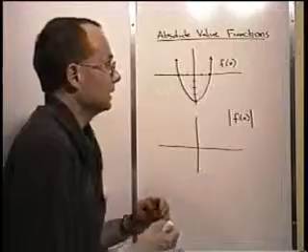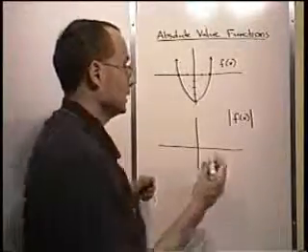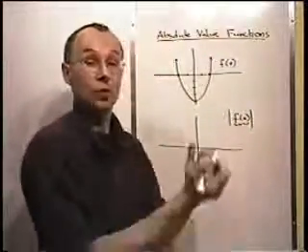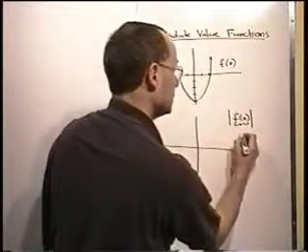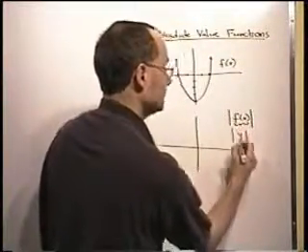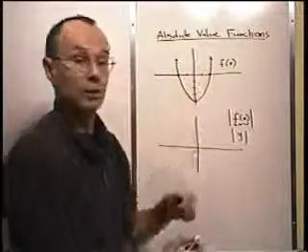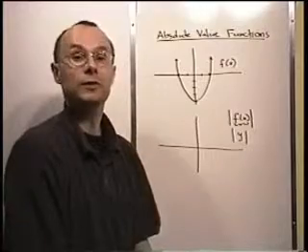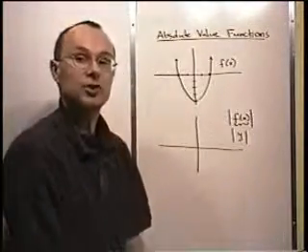The best way to tackle a problem like this is to remember that f of x is none other than y. So what we're taking is the y values for all these points here, and we're going to take the absolute value of them. If they happen to be positive already, then they just stay unchanged.